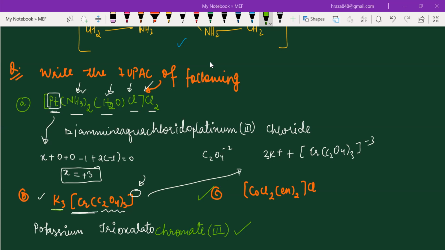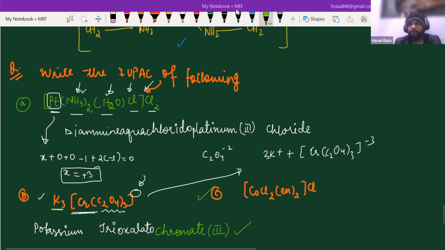Look at this. There is no positive counter ion. Then jump to the ligand. This is chloride, this is ethane-1,2-diamine, en.